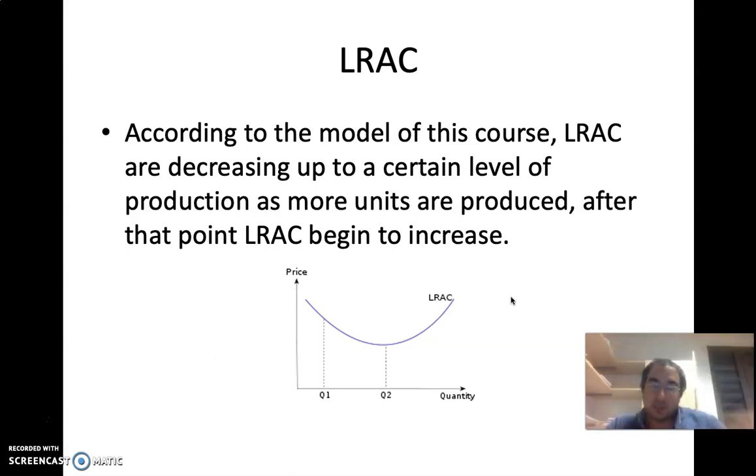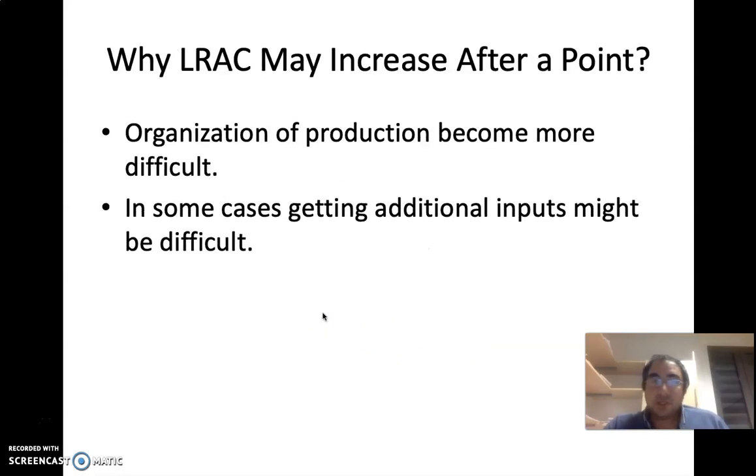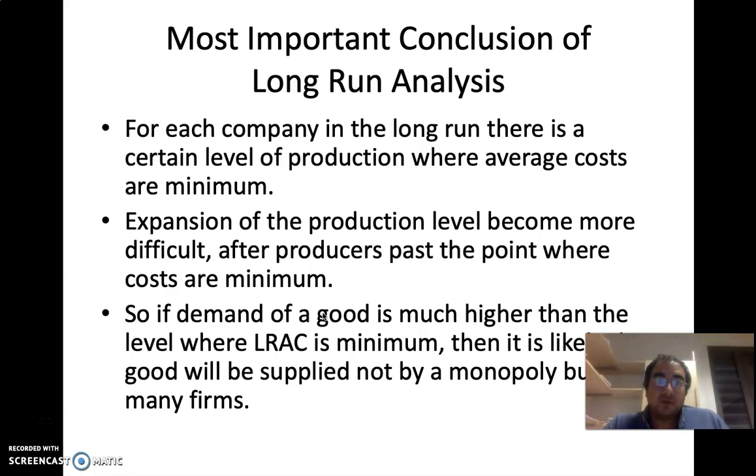Later, in advanced courses, the cost curve is made basically a horizontal line. But based on these reasons, in this course, the long run average cost curve is taken as a U-shaped curve, which creates a similar type of results for the long run analysis as we had in the short run analysis.